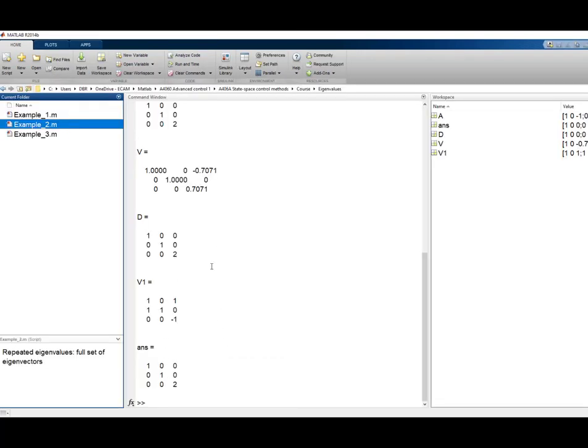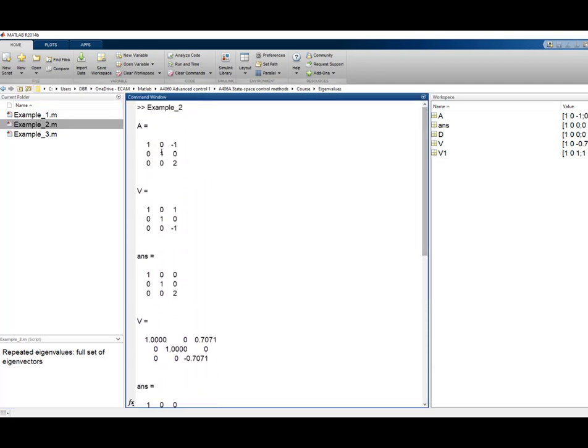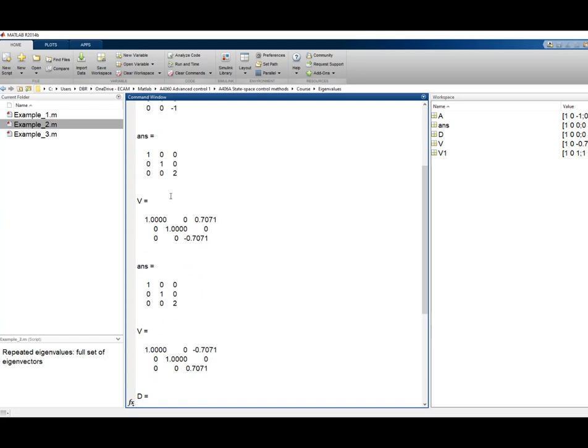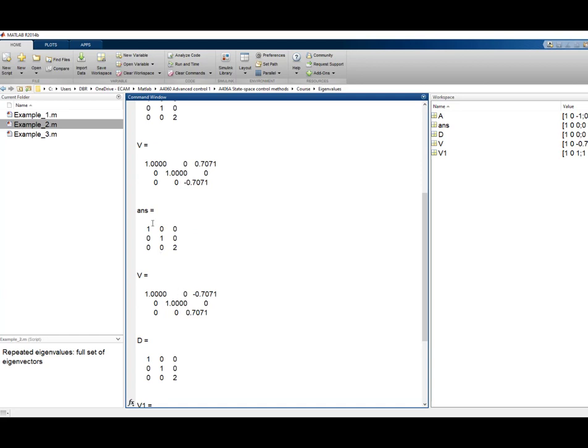And indeed we see that, so example 2, this is the matrix, this is the matrix V, the diagonal matrix. This is the example where we use the same matrix V but with the last vector v3 of length 1. Again, we obtain the same diagonal matrix.